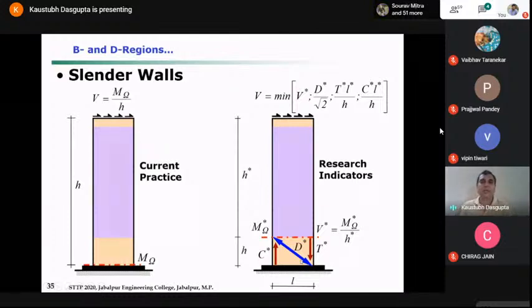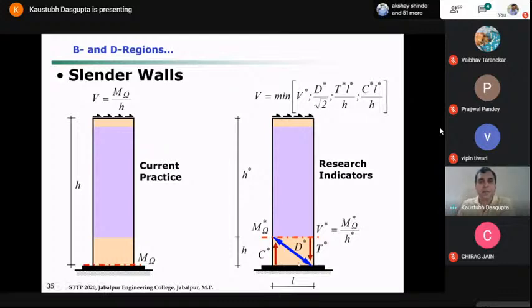This is how the actual behavior should be analyzed. But right now in design codes and in general understanding, we all use sigma equals My by I. So these can be possible areas of research. Somebody can investigate further and come up with the strut and tie model here. Already people have tried to evolve those things.